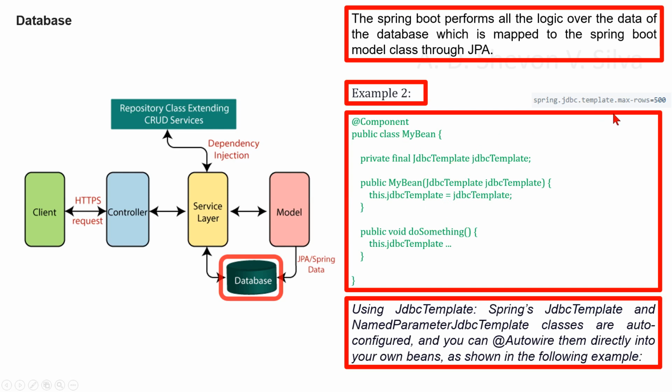You can customize some properties of the template by using spring.jdbc.template.* properties as shown in the following example. The NamedParameterJdbcTemplate reuses the same JdbcTemplate instance behind the scenes. If more than one JdbcTemplate is defined and no primary candidate exists, the NamedParameterJdbcTemplate is not auto-configured.